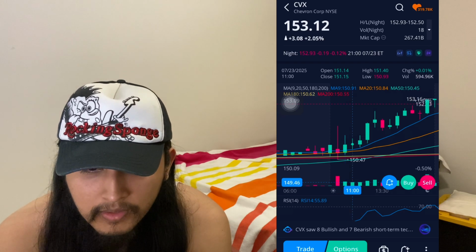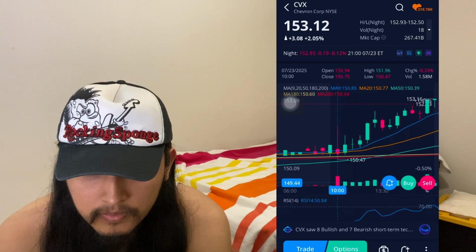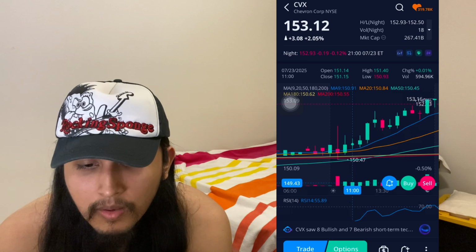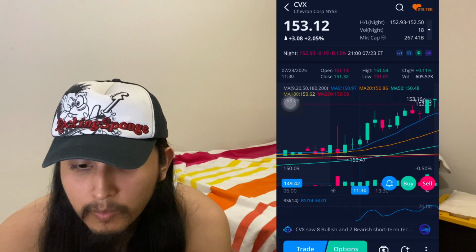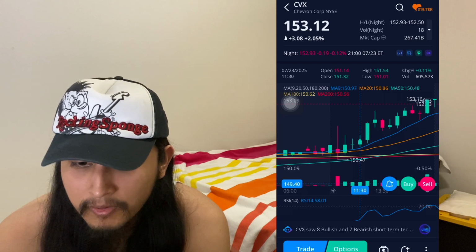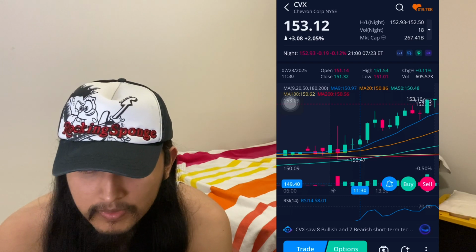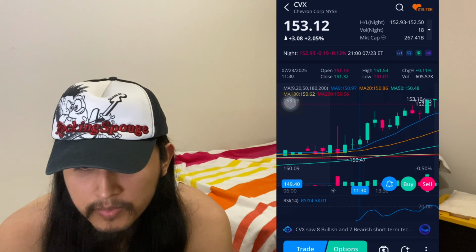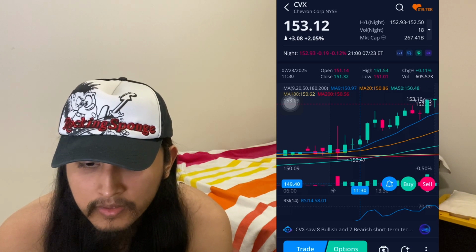So I let it bounce here, here, here. So I'll get into Chevron call options once it lands or somewhat gets close to the 9-day moving average on the 11:30 candle.